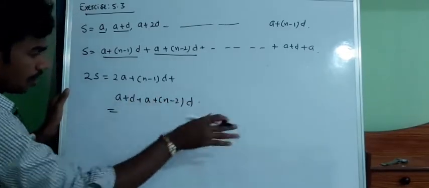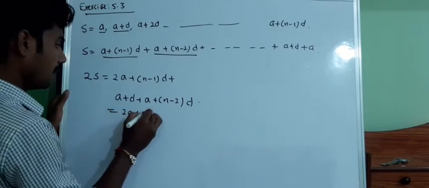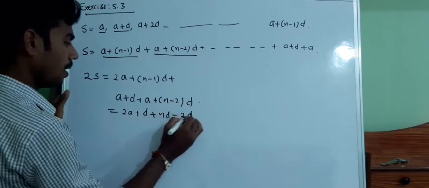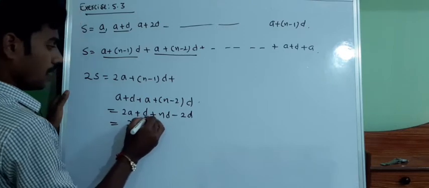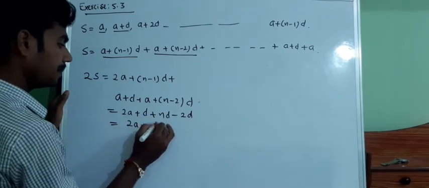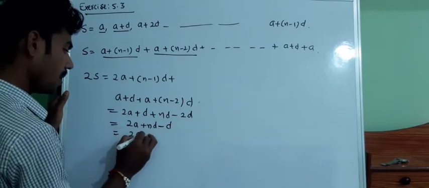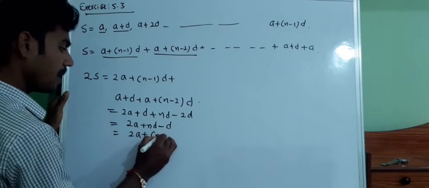If I solve this, what will I get? A plus a is 2a, plus d as it is, plus nd minus 2d, which is 2a plus nd plus d minus 2d, which is nothing but 2a plus nd minus d, or 2a plus d common, or n minus 1 into d.